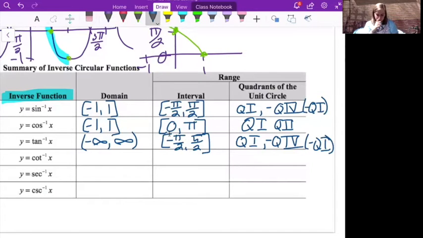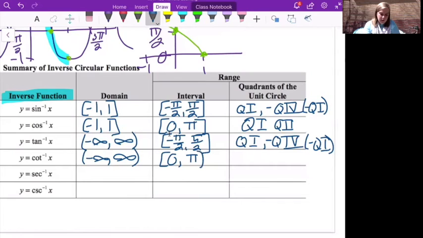And so cotangent is kind of similar, but because cotangent is cosine over sine, the domain is still going to be negative infinity to infinity. But if you think about how we drew our cotangent function, the interval in which it's going to give our angles to us is going to be between 0 and pi.